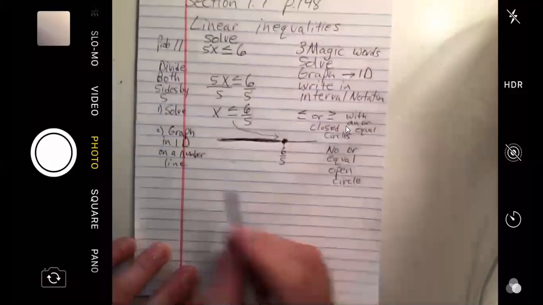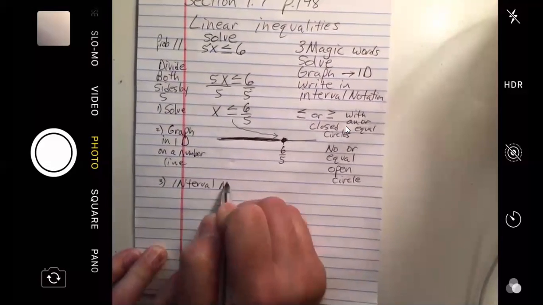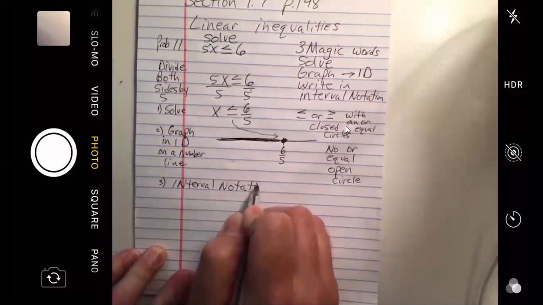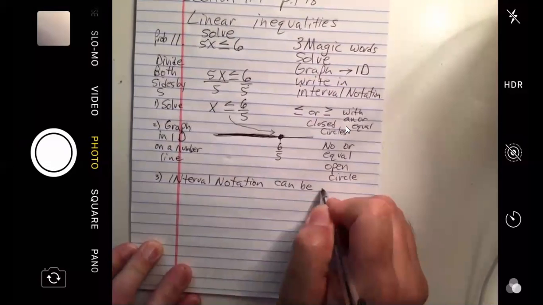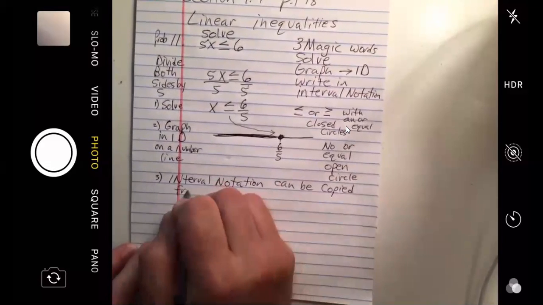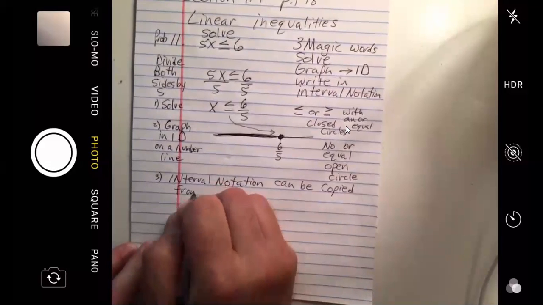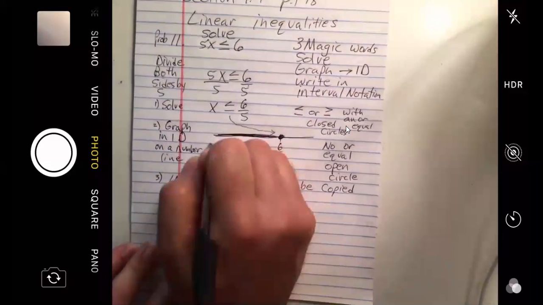And so then interval notation can be copied from the graph. I'm going to stick a negative infinity out here to try to make it more obvious.